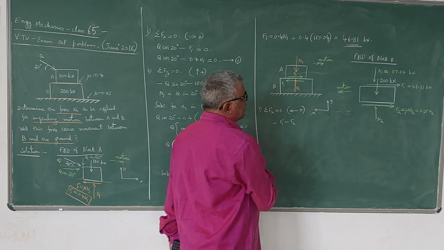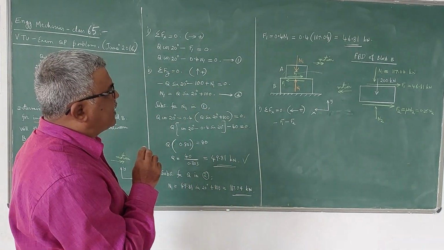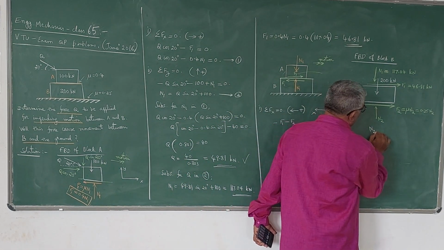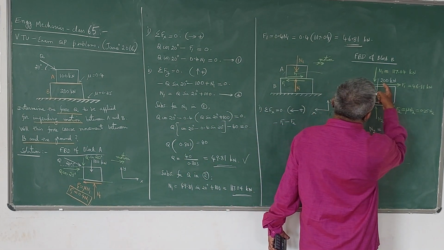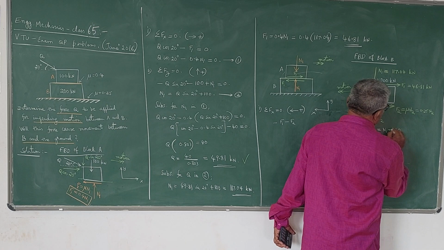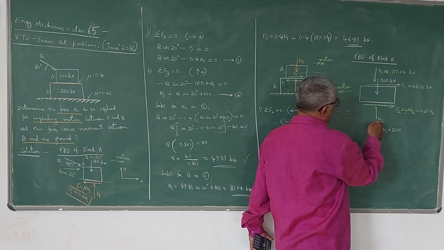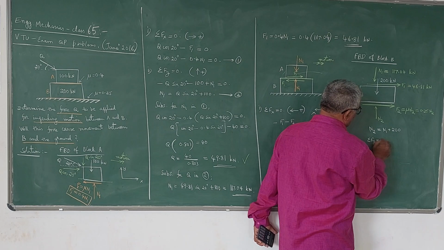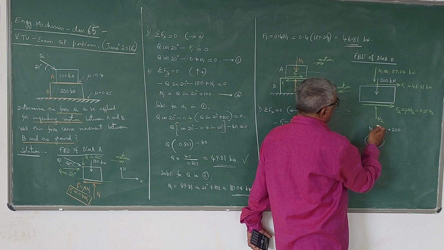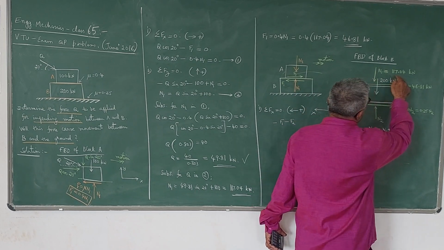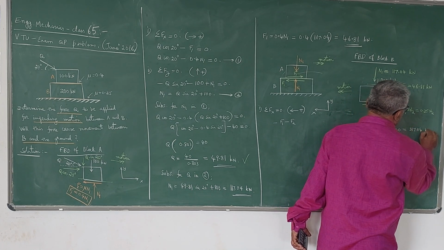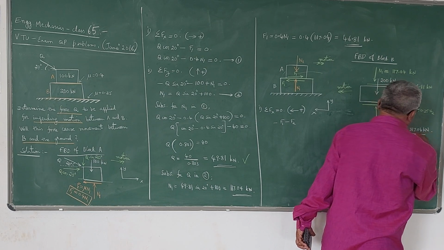And N2 will be equal to N1 plus 200, is it not? This you can get by using the sigma Fy is equal to 0 equation, by considering an upward force positive, downward force negative. So that means N1 is 117.04 plus 200, which is 317.04 kilonewtons. So this is the value of N2.